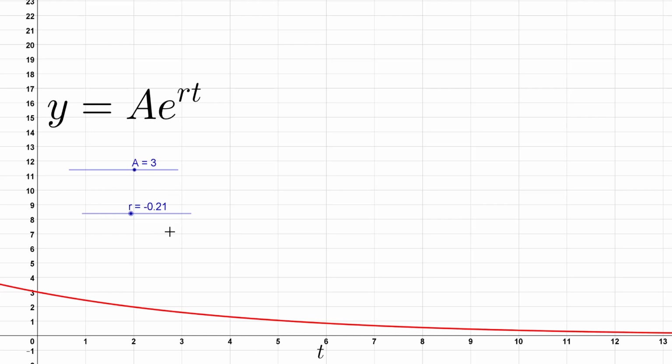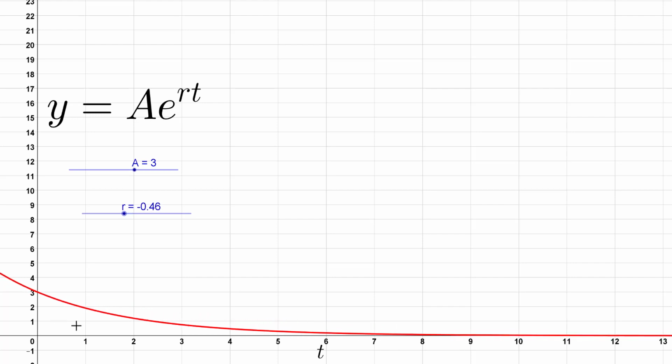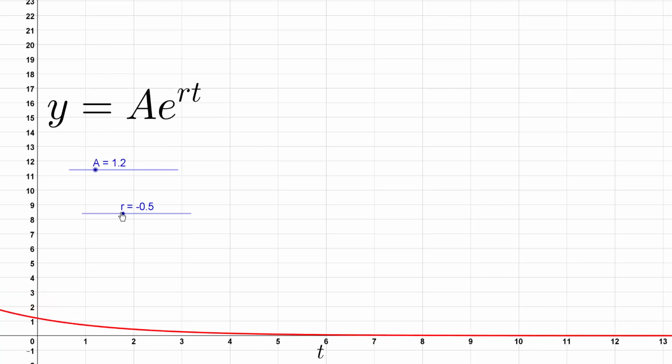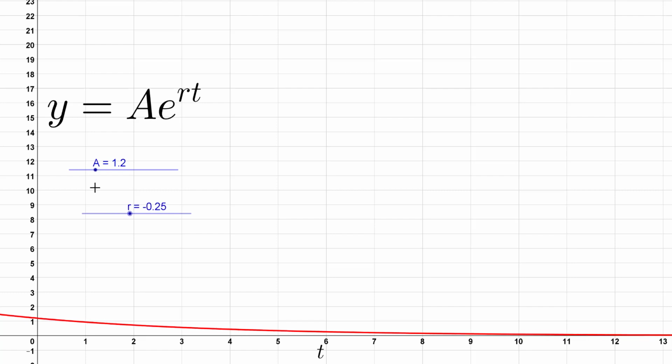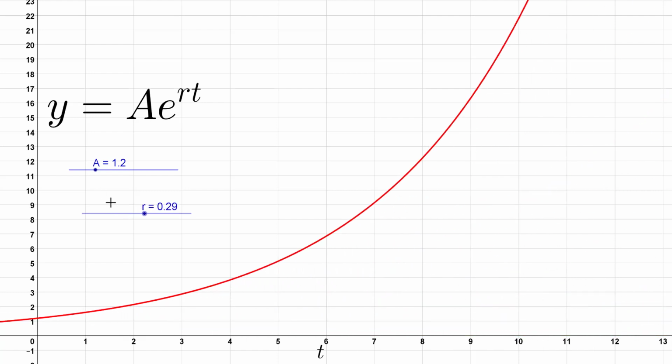And the more extreme we make this negative growth rate, the faster the values are going to decrease, as you can see here. So what I'm trying to illustrate here is that using this exponential function, this ae to the RT, you can model so many different situations depending on your values of A and R. So for different values of A and R, you can create an equation or a function that models many different situations.